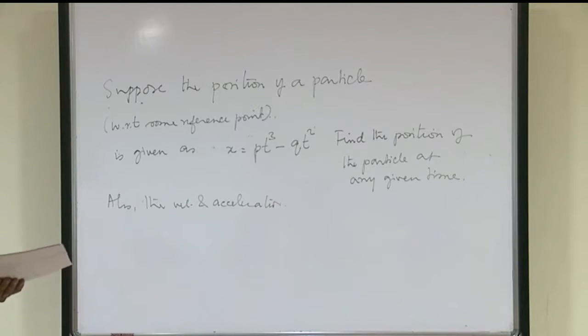For velocity, you differentiate with respect to t. That will become 3pt squared minus 2qt, which gives you v. Acceleration, differentiated twice, will become 6pt minus 2q, right? So very, very simple 8th standard question.